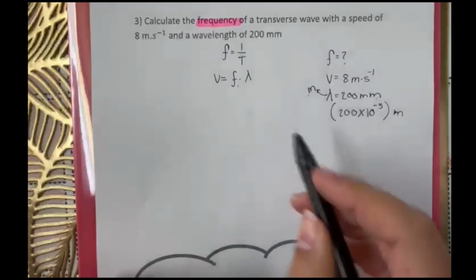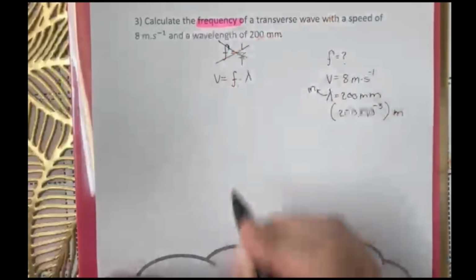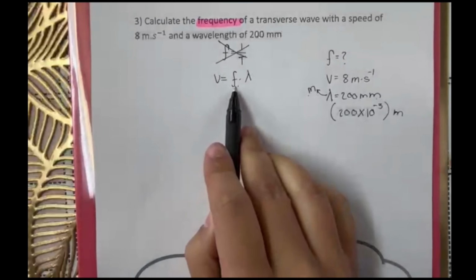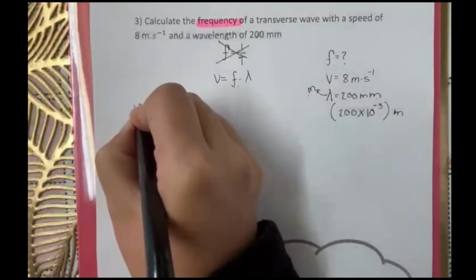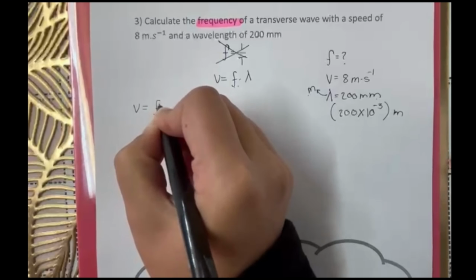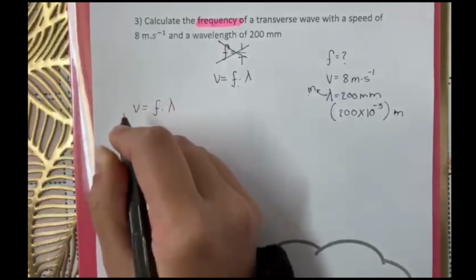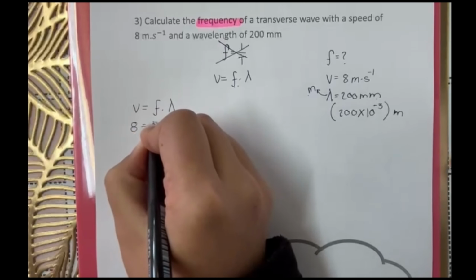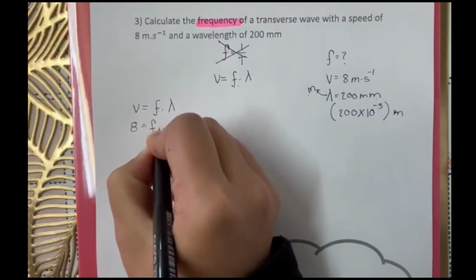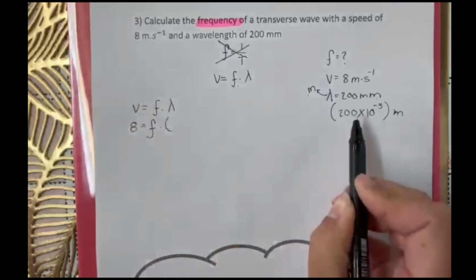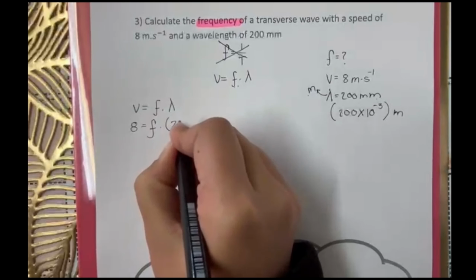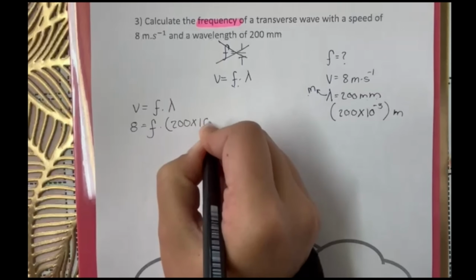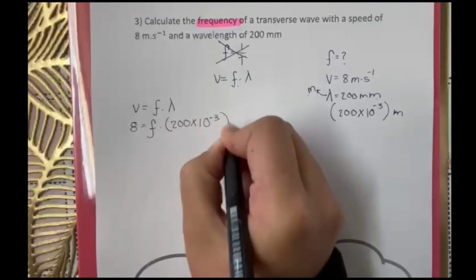No, I don't. So immediately you know this formula is a no-no, then I must use this one. So speed is equal to frequency times the wavelength. My speed is given as 8 meters per second, so I substitute in there. Frequency is what we want, and then wavelength is given as 200 times 10 to the power of negative 3.